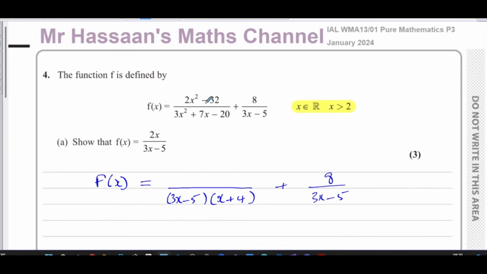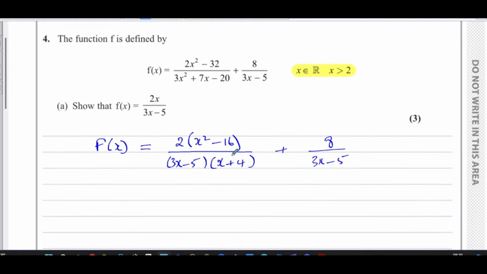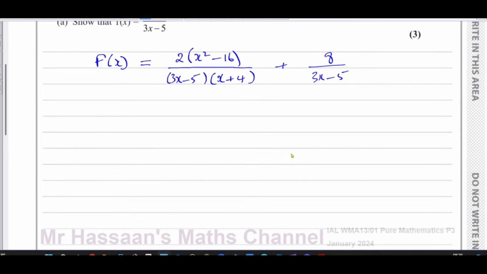We used a bit of guesstimation there to make life easy, which is what I like to try and do. So now we have 2x squared minus 32. Let's also try to factorize this. We can start off by taking out 2 as a common factor, and we have x squared minus 16. And you should recognize that there's something else we can do with this. These questions where it says show that, you have to show your steps very clearly. So don't just write everything down at once.